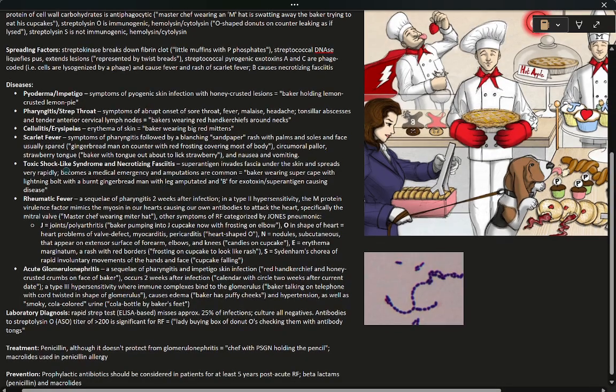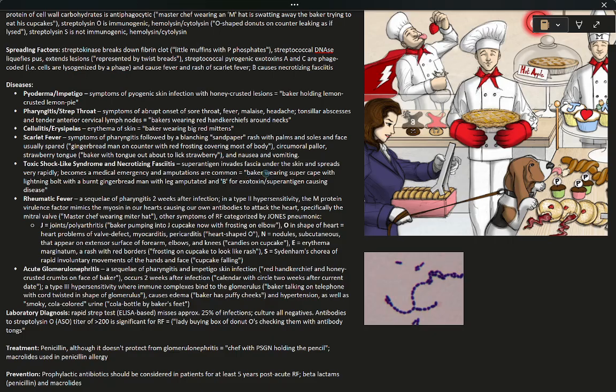We also have toxic shock-like syndrome and necrotizing fasciitis, where we have a superantigen that invades the fascia under the skin and is going to spread very rapidly. Eventually it becomes a medical emergency and amputations are mostly needed.